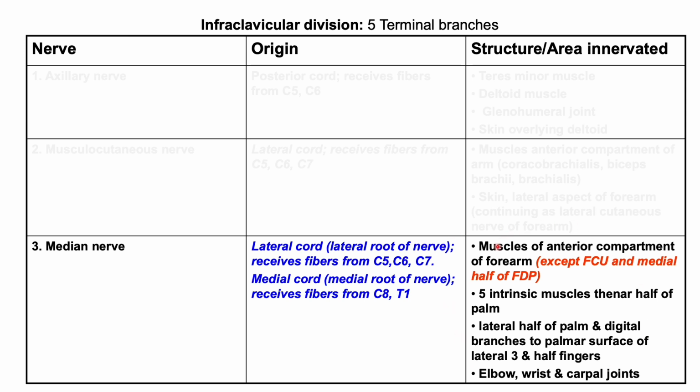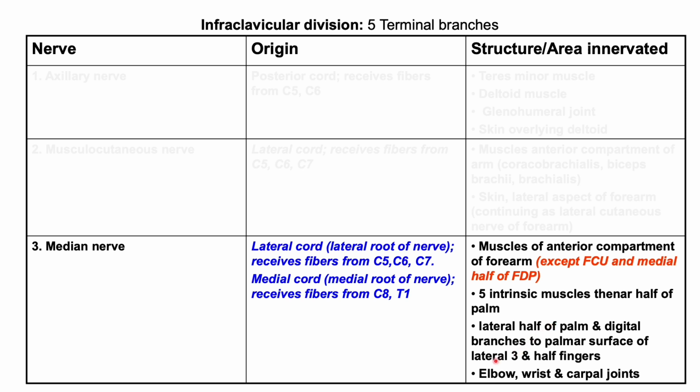It mainly supplies the muscles of the anterior compartment of the forearm, all the muscles except two, which are flexor carpi ulnaris and the medial half of flexor digitorum profundus. Then moving on to the hand, it supplies 5 intrinsic muscles, that is the thenar half of the palm area, then the lateral half of the palm, and digital branches to the palmar surface of the lateral 3.5 fingers.